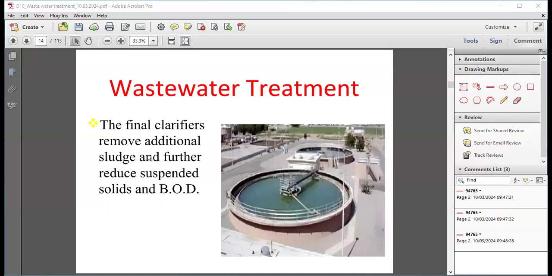The final clarifiers remove the additional sludge and further reduce the suspended solids and BOD. We know BOD, what's the meaning? Biological oxygen demand.